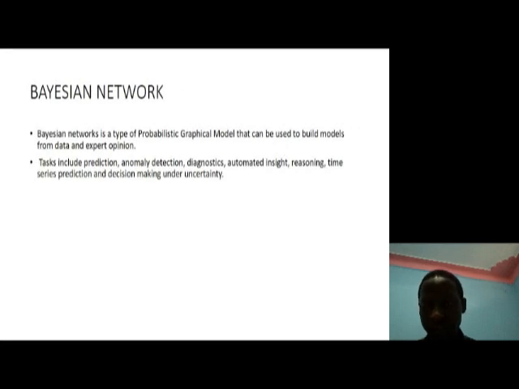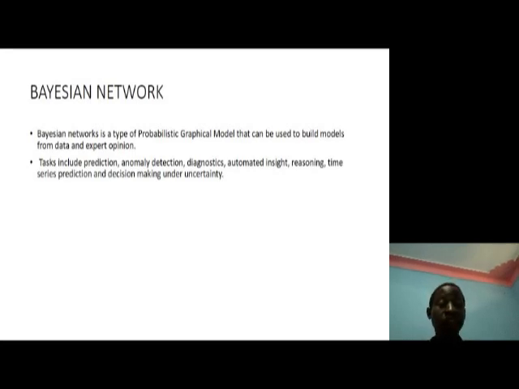Bayesian networks are a type of probabilistic graphical model that can be used to build models from data and expert opinion. Tasks usually involve prediction, diagnostics, automated insights, reasoning, and time series prediction.